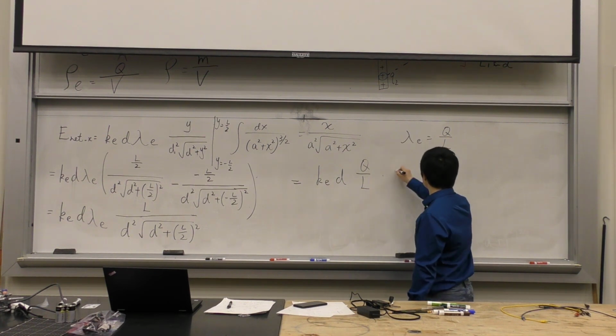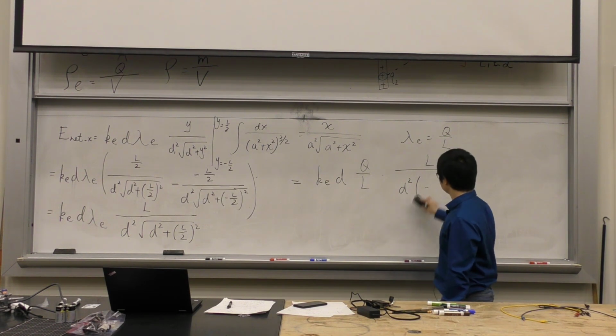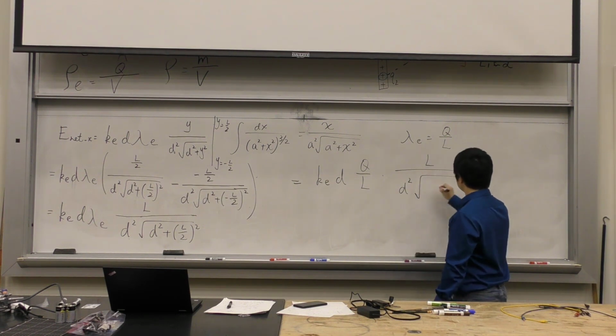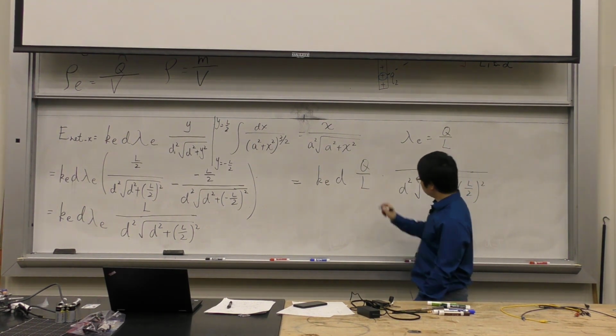Then we can do some cancellations to make this a little bit simpler. Square root d squared plus 1/2 L squared. Now you see that this L and this L can cancel. And this d is going to cancel one power of d here.